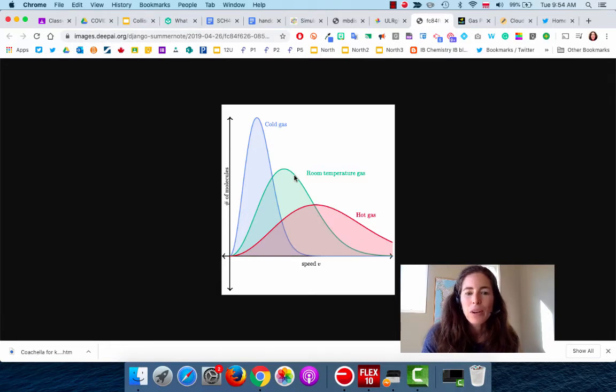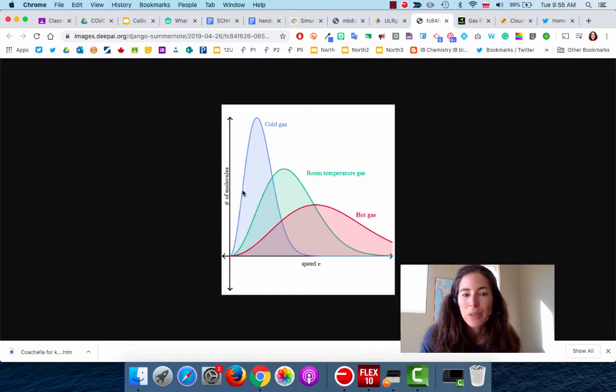If we were to cool all of those molecules down, you can see that the shape changes. We end up with more molecules going more slowly, but we don't have nearly as many molecules that are going quickly. So the area under the curve, which represents the number of molecules, has stayed the same, but the shape of the curve is different.